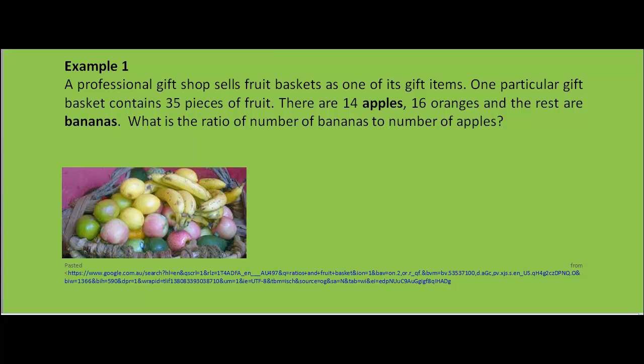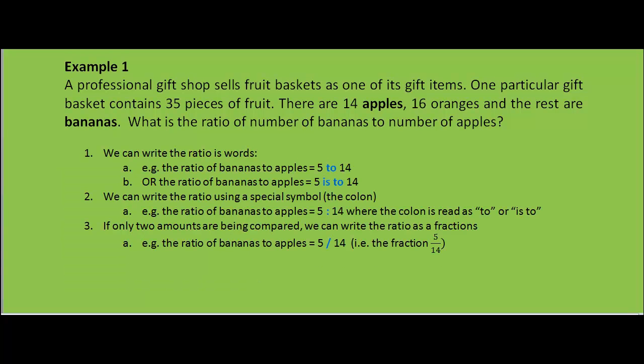In maths, there are a few ways we can write a ratio. We can write the ratio in words. So for example, we could say the ratio of bananas to apples is 5 to 14, using the word to. Another way we could say it is the ratio of bananas to apples is 5 is to 14.